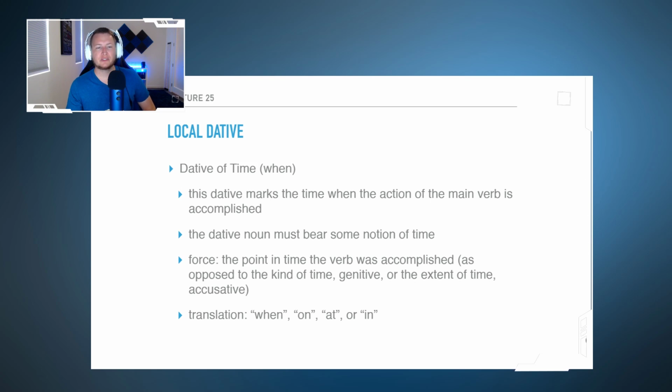Then there's the dative of time. That's still local, right? Local to me implies space. Well, that includes time. So this dative of time, translated "when," marks the time when the action of the main verb is accomplished. The dative noun must bear some notion of time.